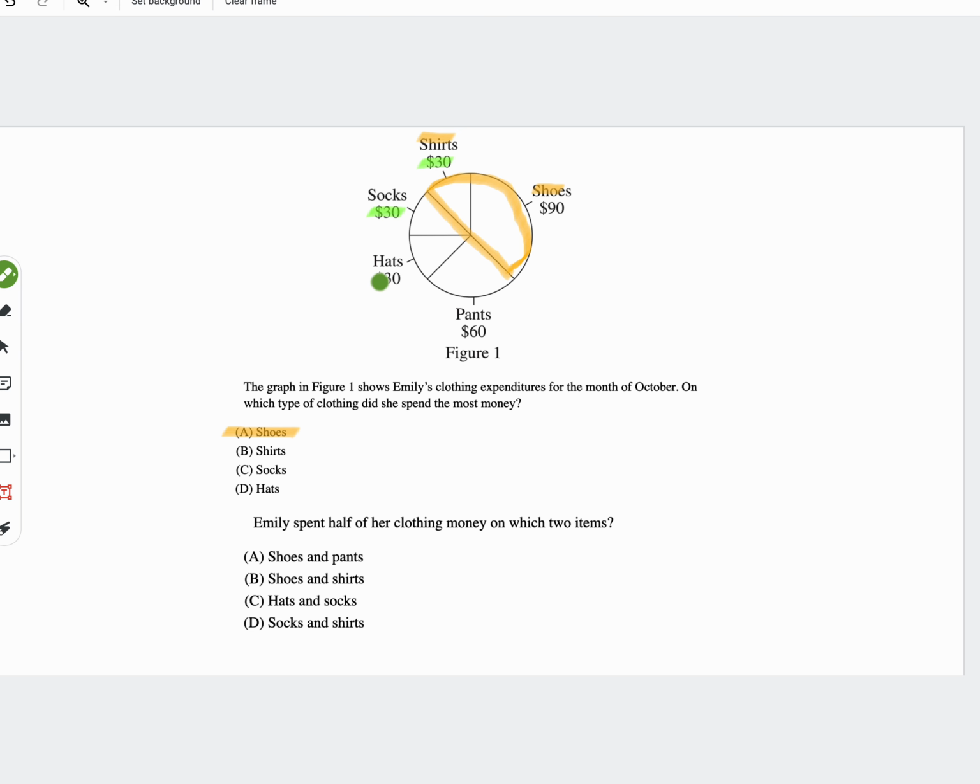30, 60, 90, 180, 240. And then figure out which two items make up half of 240, or 120.